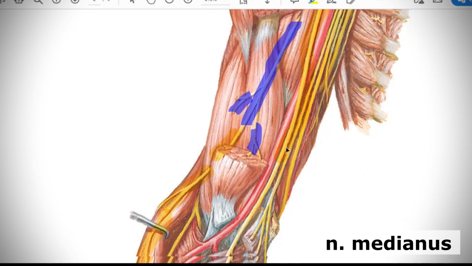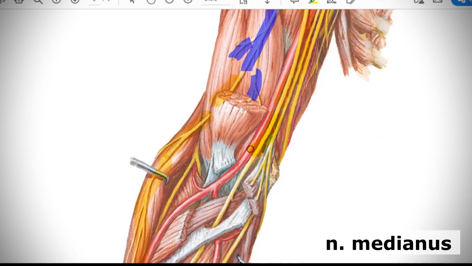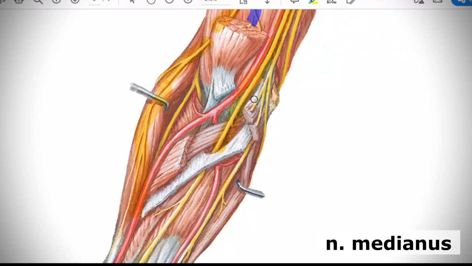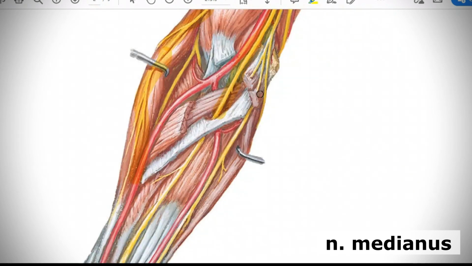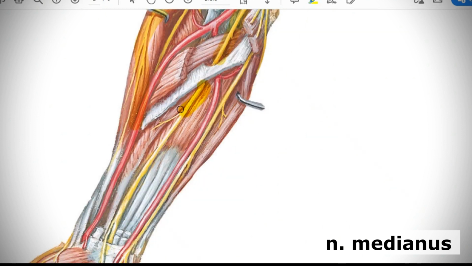So it goes down, then goes into the cubital fossa, goes onto the forearm, and there it penetrates musculus pronator teres, and is then situated on the forearm between your superficial and deep flexors of fingers, between musculus flexor digitorum superficialis and musculus flexor digitorum profundus.